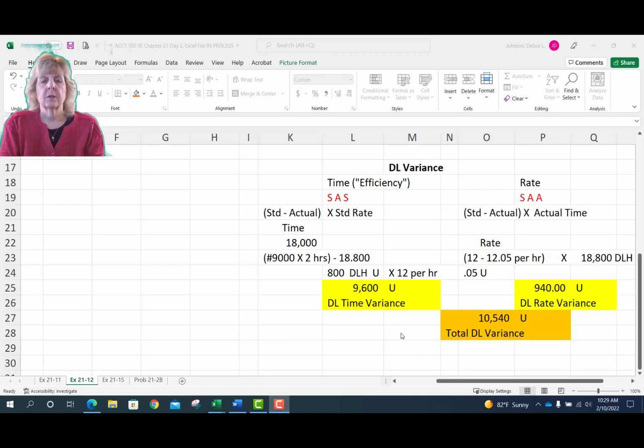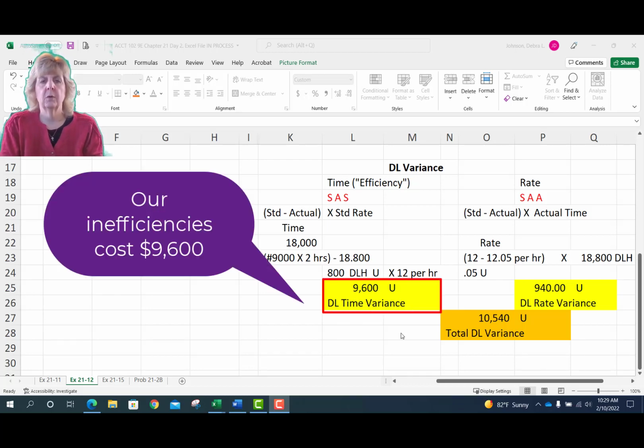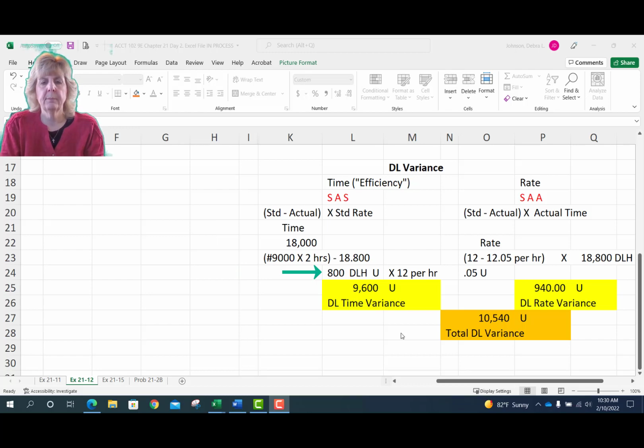On this exercise, the time or efficiency variance was unfavorable, which means that we were inefficient in our use of our human talent to the tune of $9,600. In other words, the products that we made took us 800 hours more than we anticipated.